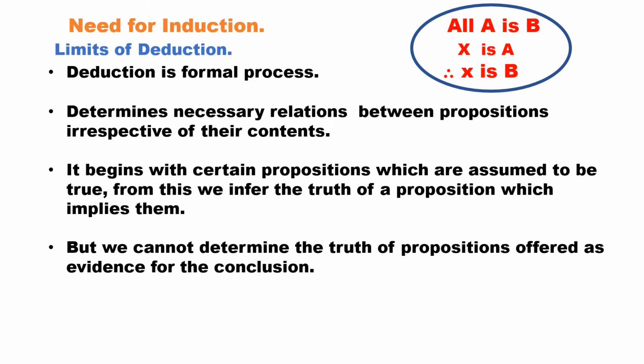But we cannot determine the truth of the propositions offered as evidence for the conclusion. Now in this argument, what is offered as evidence is the premises, all A is B and X is A, which are offered as evidence for the conclusion X is B. Here the truth of these evidences cannot be determined by deductive argument.